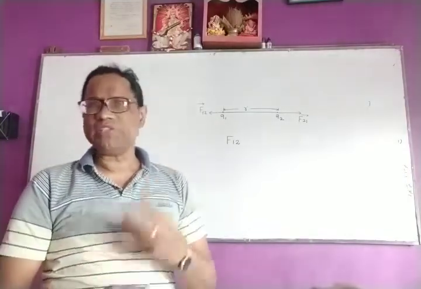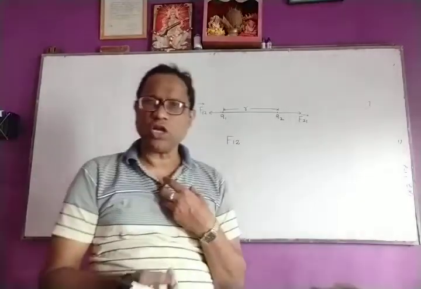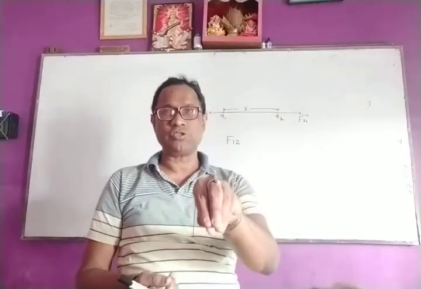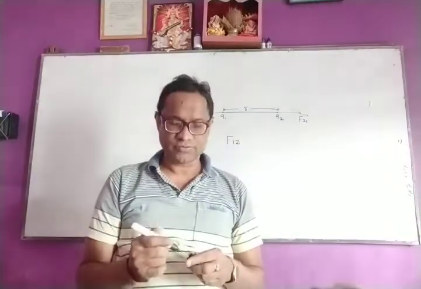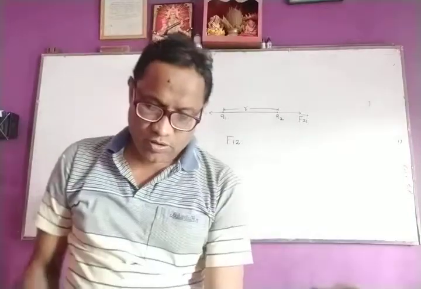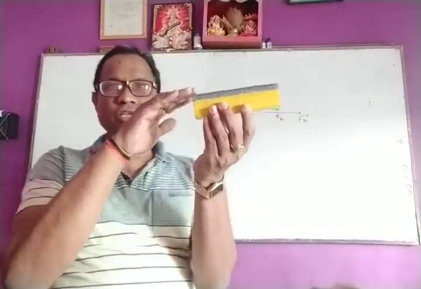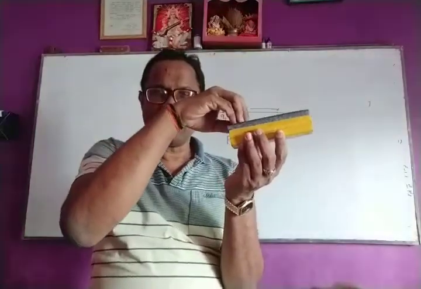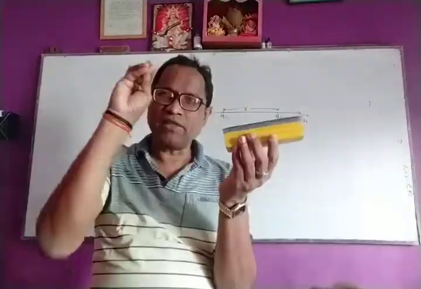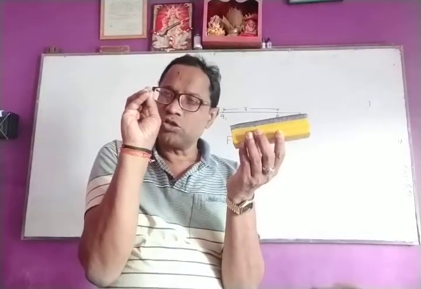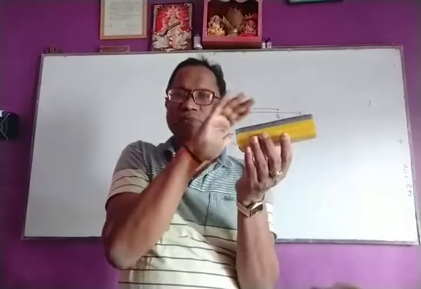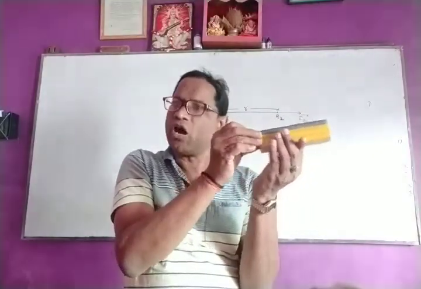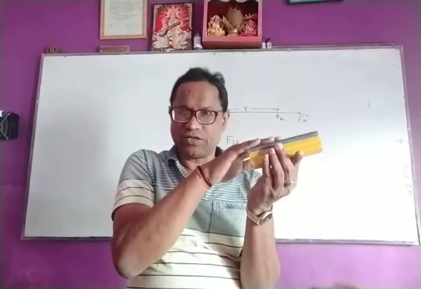The charge which experiences a force is called test charge, or the charge which exerts a force is called source charge. Force exerted on this duster: the force is exerted by this hand, so the hand is the source charge. The duster experiences a force, it moves and displaces towards and away, so it is the test charge.